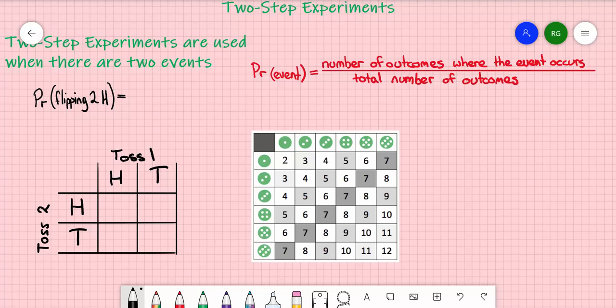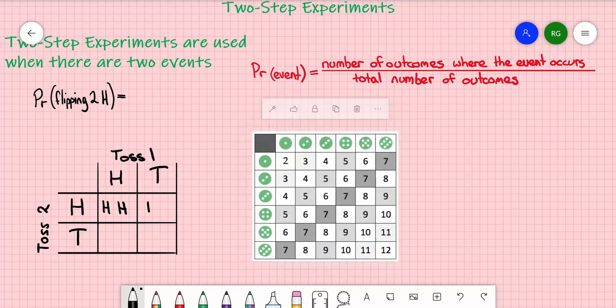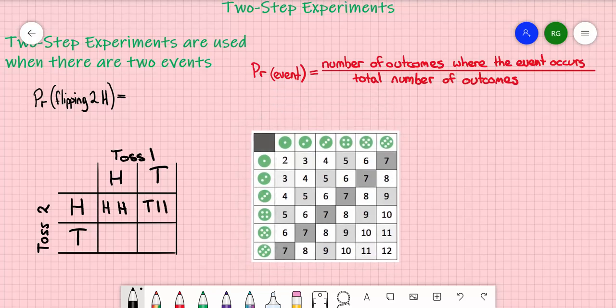So all of the different options there are if toss 1 we get a head, and then toss 2 we get another head. Then over here we get a tail and then a head. And down here we have a head and a tail, and then a tail and a tail. They are the 4 different possibilities we can get by tossing 2 coins in a row.